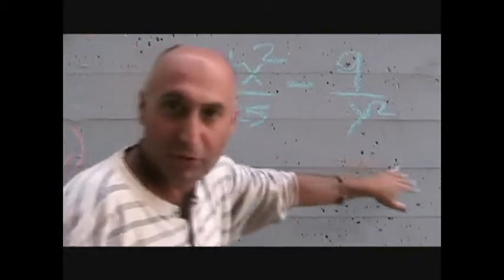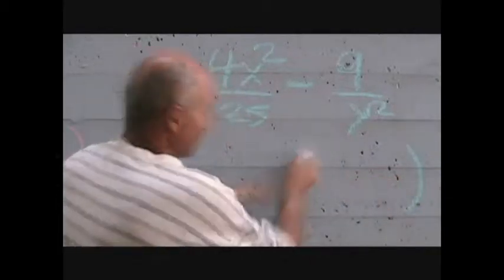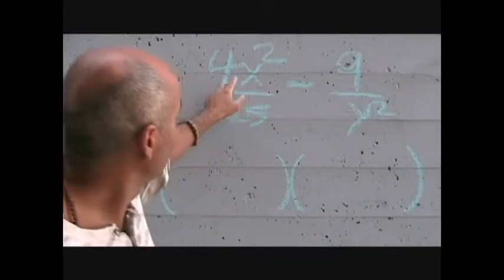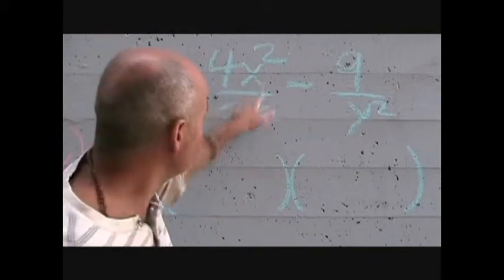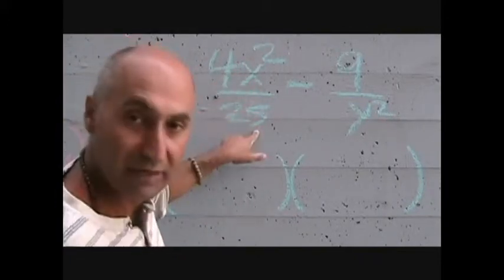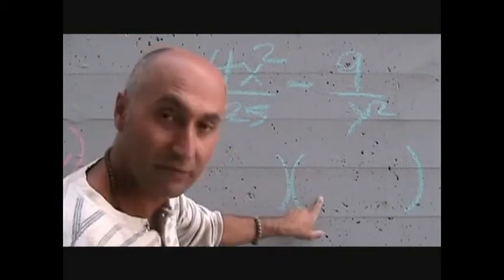So all we do, I'm just going to put my brackets down first. 4x squared divided by 25, the square root of that is just going to be 2x divided by 5. So it's going to be 2x divided by 5 here and 2x divided by 5 here.